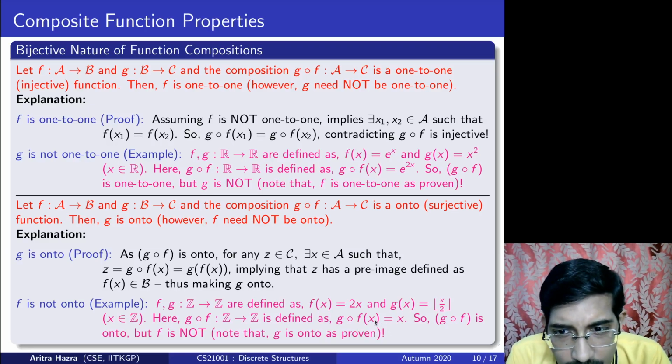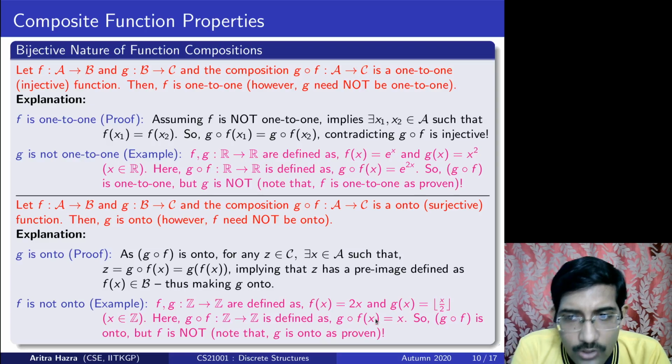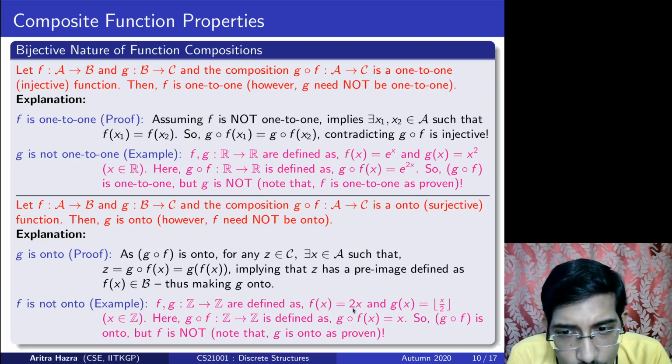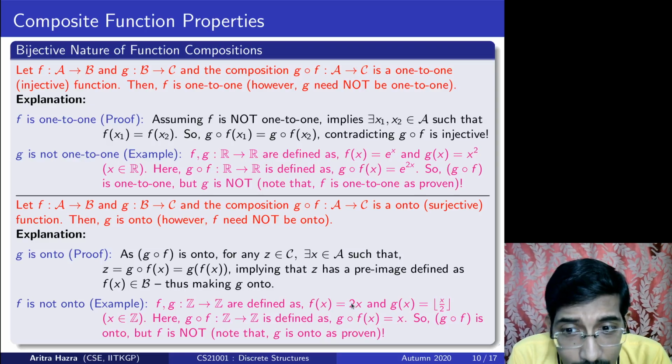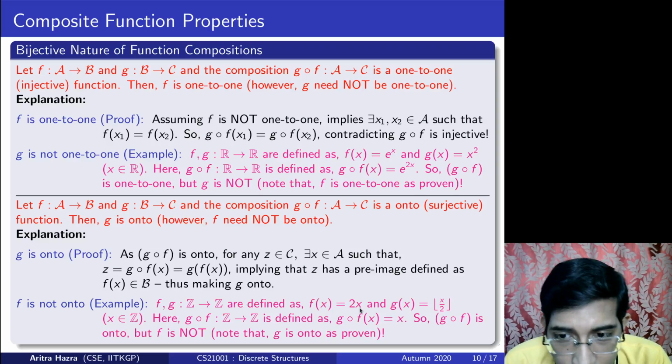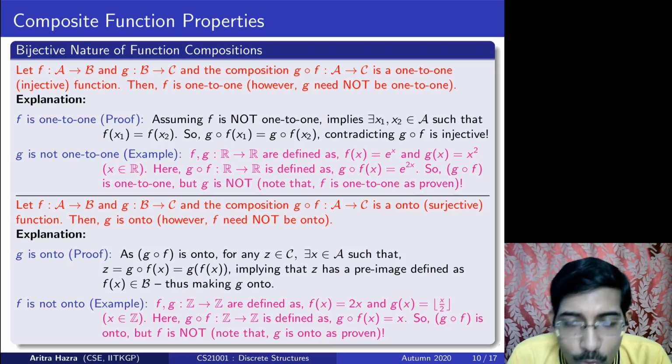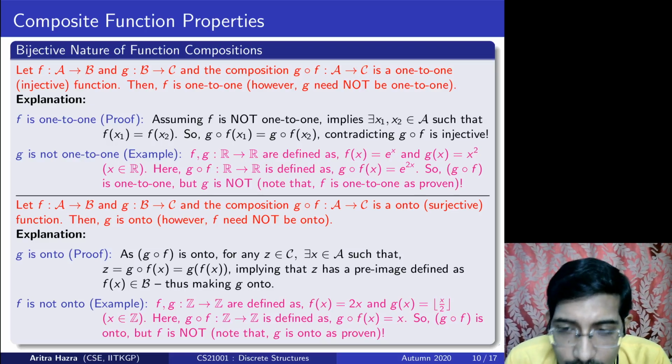Now you see, is f(x) onto? No, because here you have defined f(x) equals 2x. So it only maps to the even numbers in the codomain.